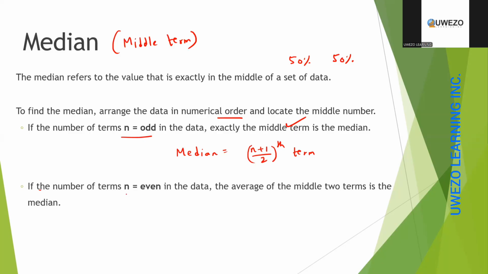And if the number of terms is even, then there are two middle values, and the median would be the n over 2th term plus its next term, the (n over 2 plus 1)th term, whole divided by 2. So the average of the two middle values is the median when the number of terms is even.